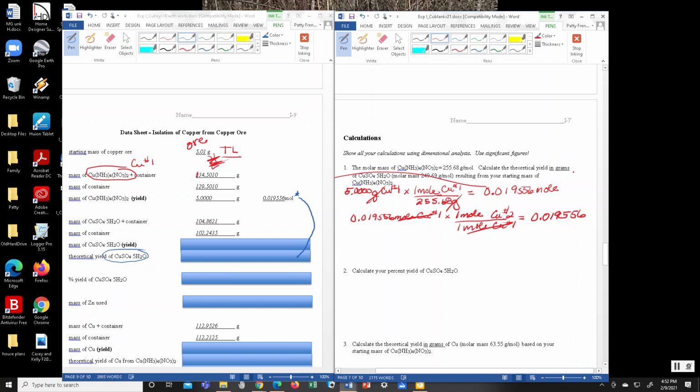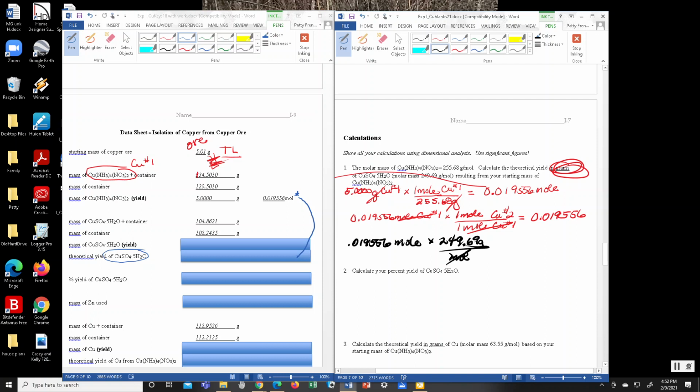But it does say it wants the theoretical yield in grams. So we have one more step to go through, and that is going to be converting this 0.019556 moles back into grams using the molar mass of copper 2 sulfate pentahydrate.